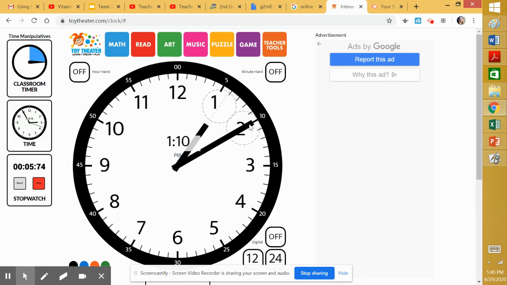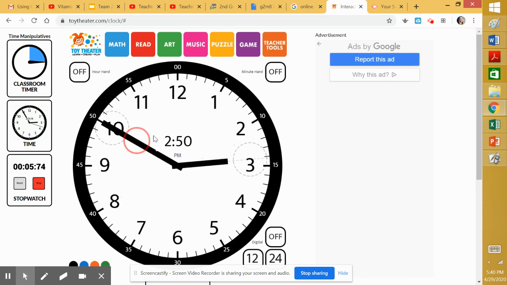So if we wanted to show a quarter after 3, where is our hour hand going to be? Let's get to 3 o'clock. Here's 3 o'clock. Our hour hand is on the 3. Our minute hand is on the 12. It is 3 o'clock. Remember, a quarter is how many minutes? 15 minutes.